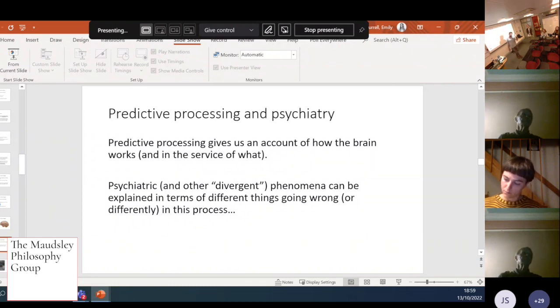But then ultimately, if the psychological question has been well posed, then it should be answered at the psychological level.